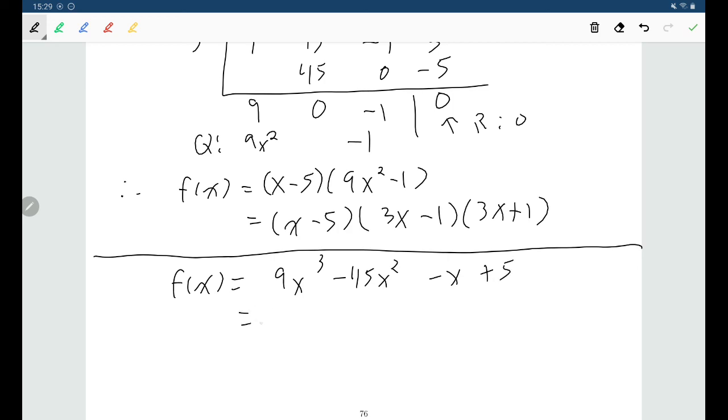You could have factored out 9x squared from the first two terms and a -1 from the last two terms, and got to the same place where I got to by doing all that division.